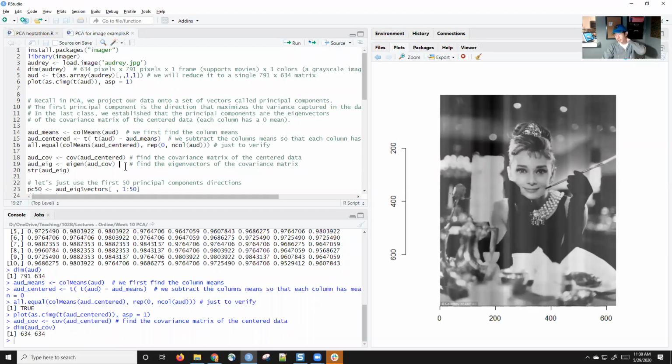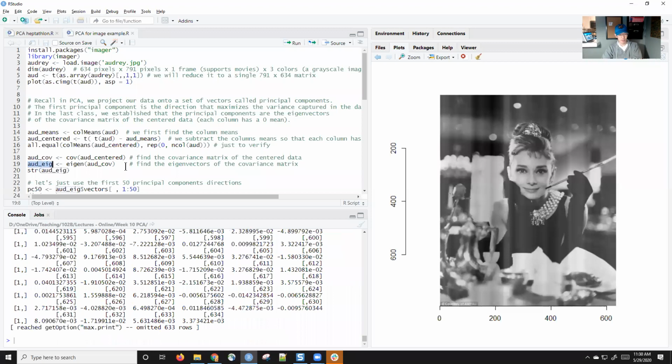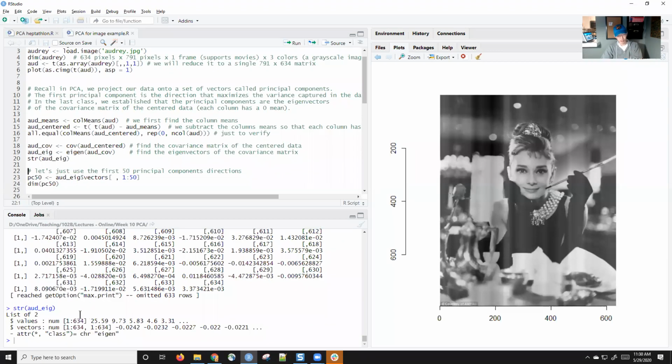Then I can find the eigenvalues and eigenvectors of this covariance matrix. If I check the structure, we have 634 eigenvalues and 634 eigenvectors, each eigenvector being of length 634.